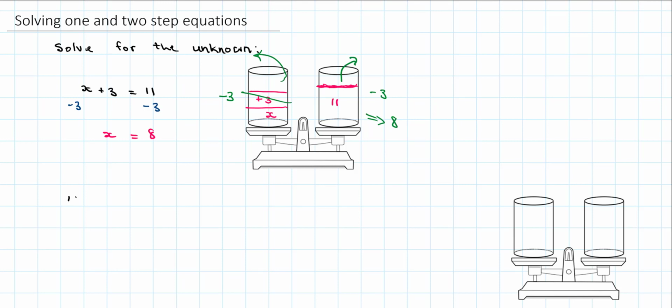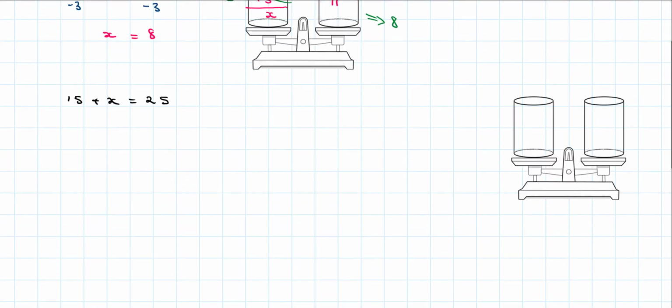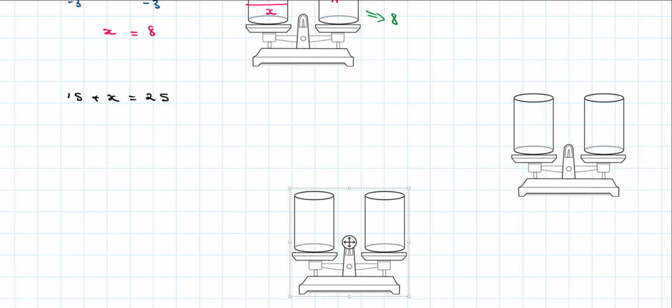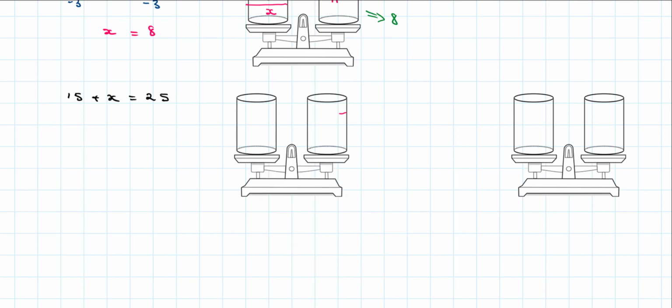Let's say I have 15 plus x equals 25. So again, I have an intuition that 15 plus 10 gives me 25, so my x needs to be 10, but I am going to actually do the same process with the scale. So we have 25 on the right-hand side. We always put our x in first, and then to my x, that's a positive x, I am adding 15 to it.